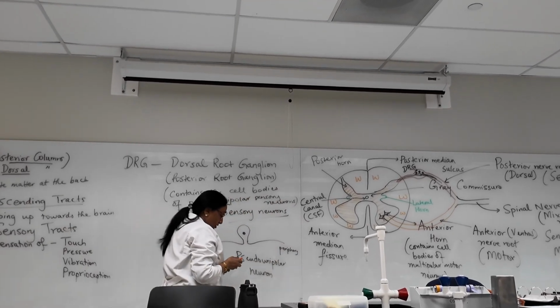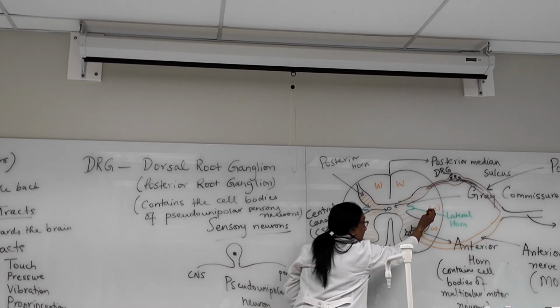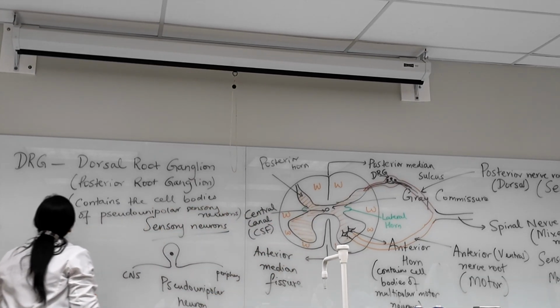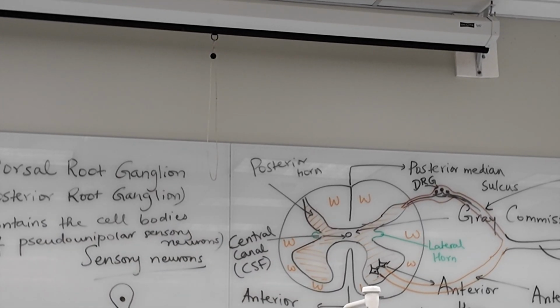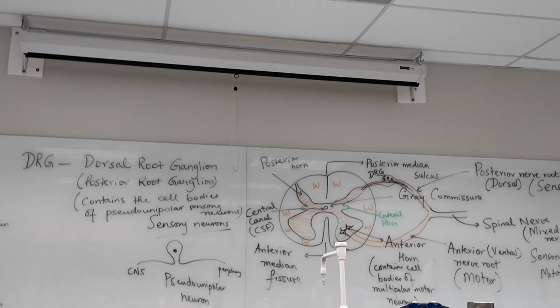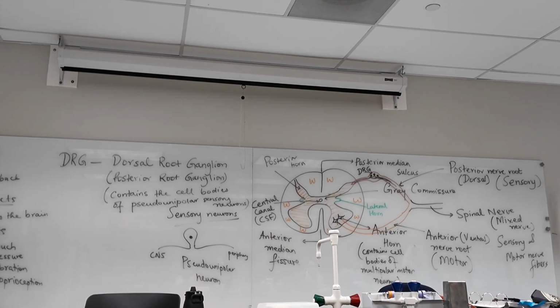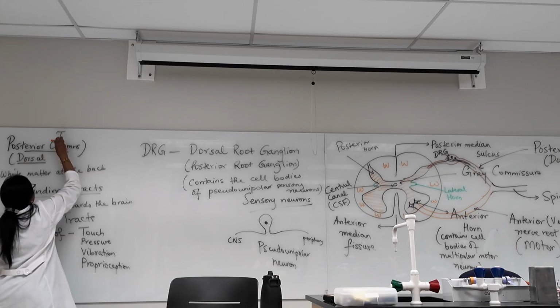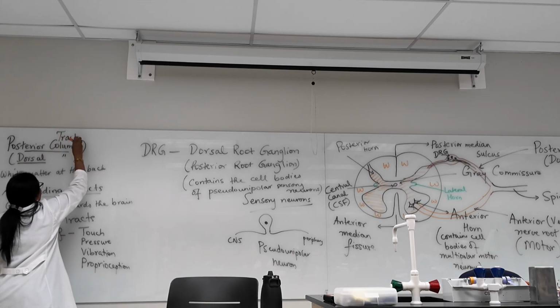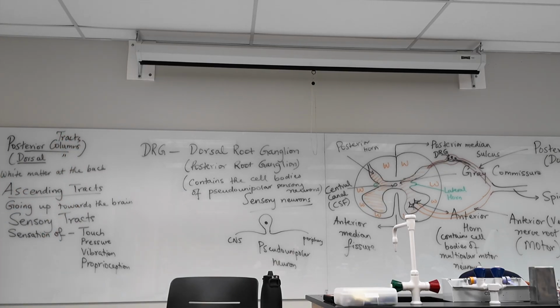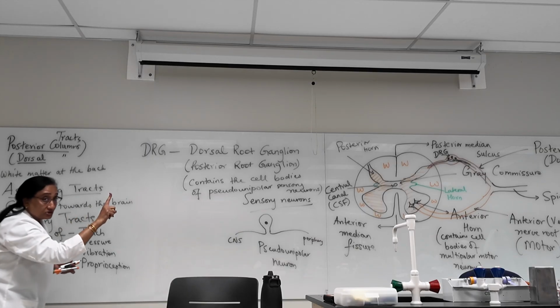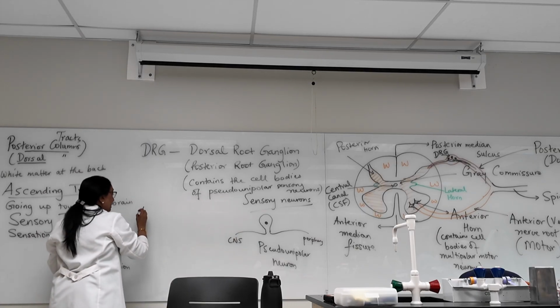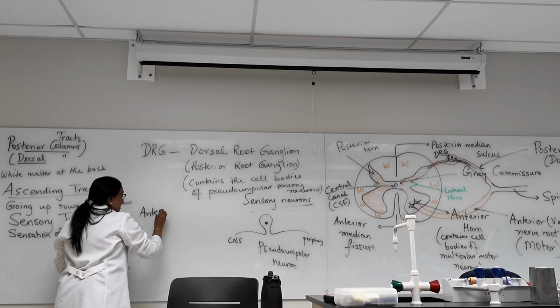So this second column that we are going to talk about, which is on the sides, this is called the anterolateral tract. So this is called the posterior column or the posterior tract or dorsal tract. Anything is the same. Now the ones on the sides, anterolateral.